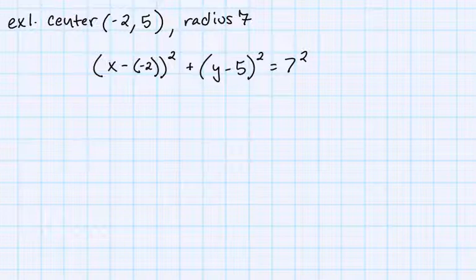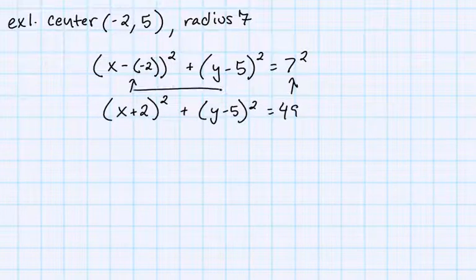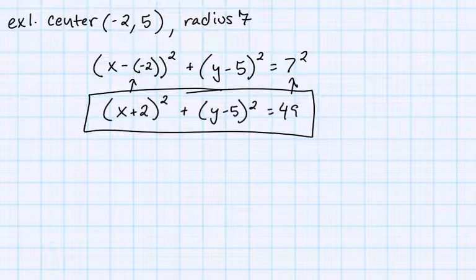When we want the standard equation, we do want to go ahead and square these and then simplify our signs here. So our final equation here is (x plus 2) squared plus (y minus 5) squared equals 49, and this is my equation for this circle.